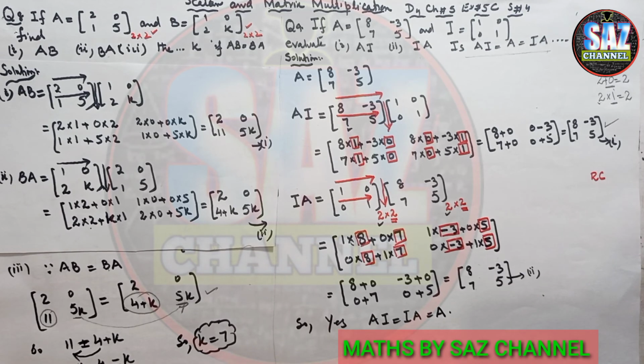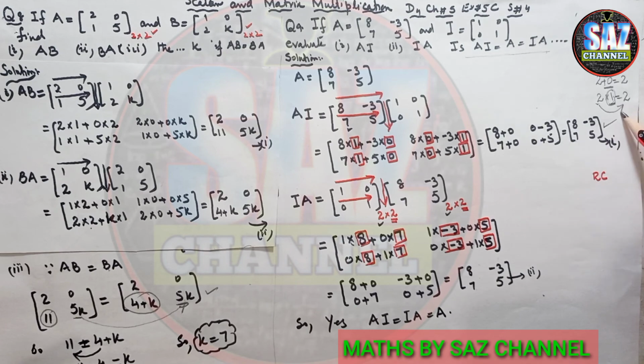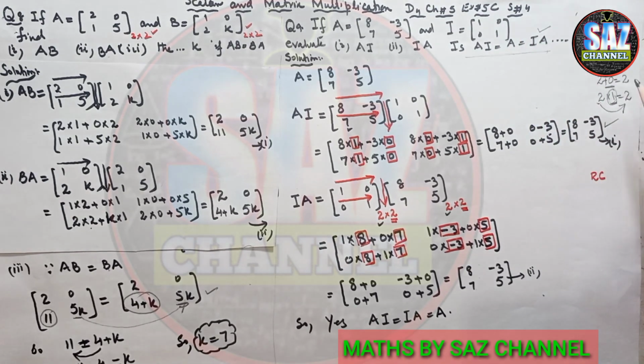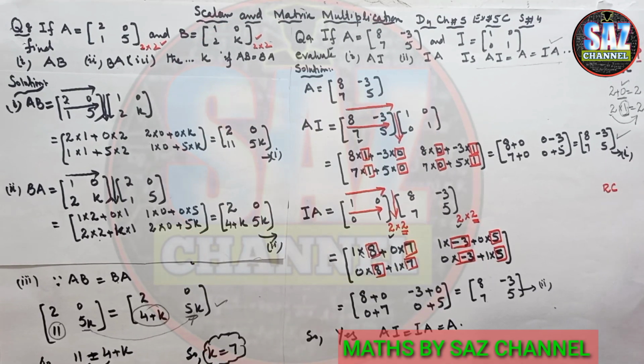I'm telling you again and again that 1 is the multiplicative identity of the numbers. Whenever we multiply 1 by any number we get the same answer. Same, the matrix 1, 0, 0, 1, or I, is the multiplicative identity matrix. So whenever you multiply any matrix by I, you will get the same matrix as the answer.